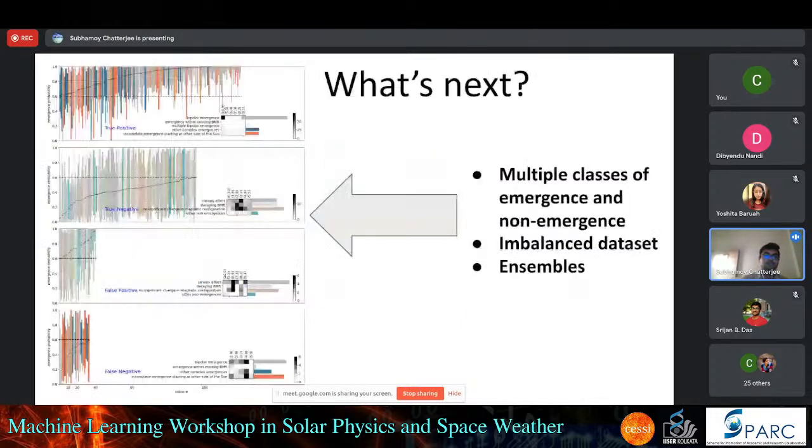Another work we are currently pursuing is to see what the finer demarcations are within emergences and non-emergences, whether there is a large class imbalance or not, and if so, whether we can improve the class balance by including more data. And if this imbalance is inherent, then can we train an ensemble of models and make the predictions more actionable.